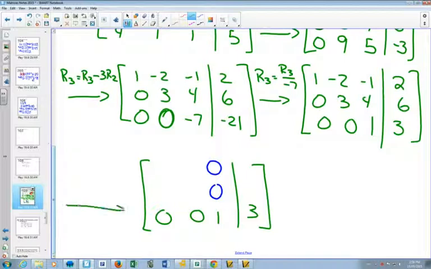So when we look at row 2, we're going to need to have it row 2 minus 4 row 3s. Well, multiplying these ones is not going to change these values because those ones are zeros. We're going to get a 0 there, and then we're going to get 6 minus 12, negative 6 there.